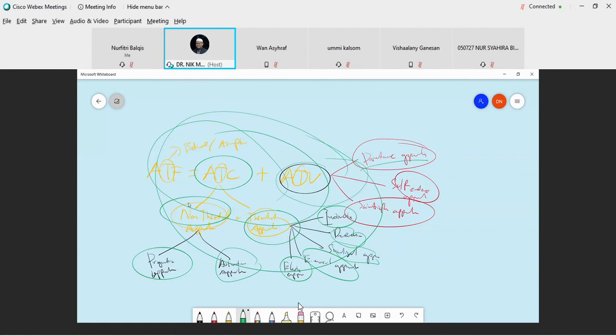Nanti kalau you dah belajar sampai masters level, dia akan ada satu chapter, dia akan panggil discretionary accounting judgment. Macam mana managers ataupun bos-bos company ni, dia discretion to every single decision that they have made to the transactions in the companies.